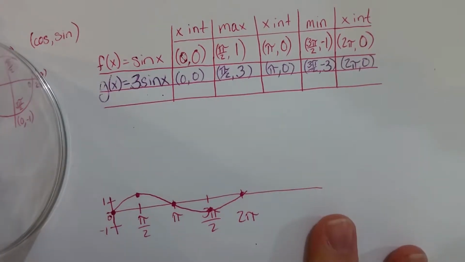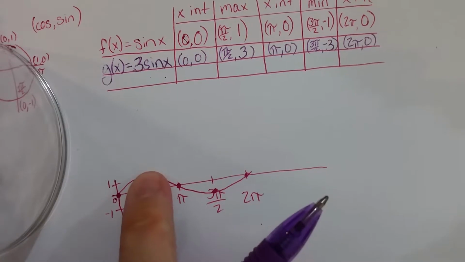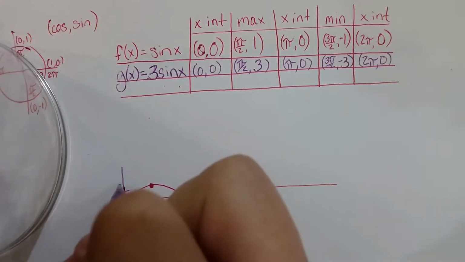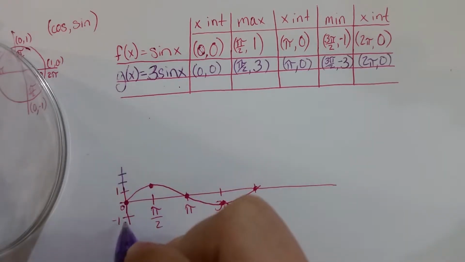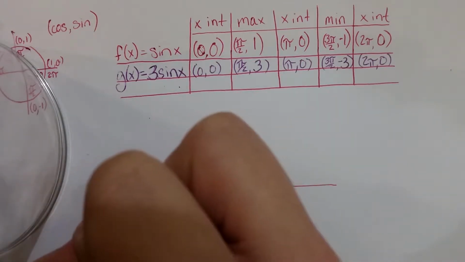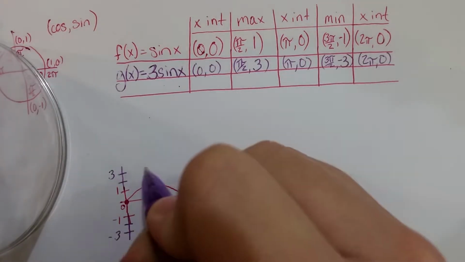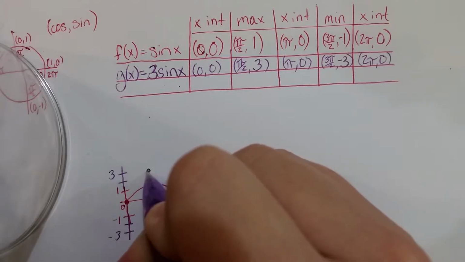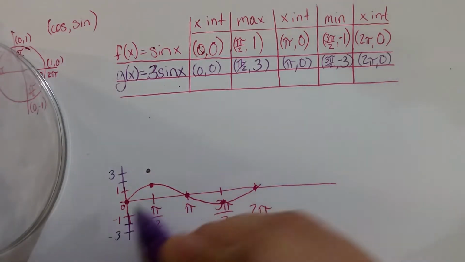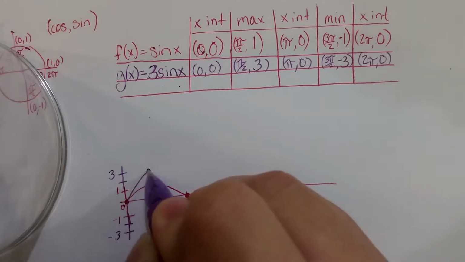So when you draw it, the only thing that has changed is this maximum has now moved up to 3, and the minimum has moved down to negative 3. This point will be up here now, this point will be down here now, and other than that, the graph is exactly the same.